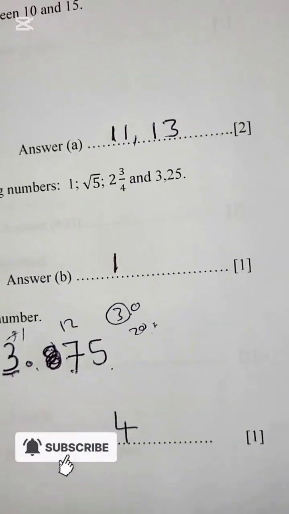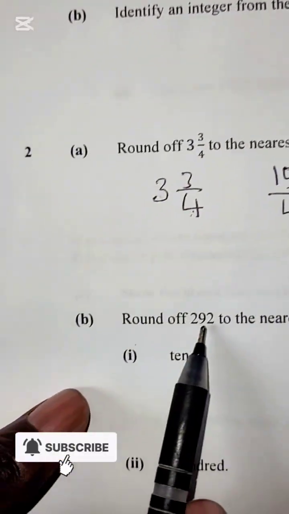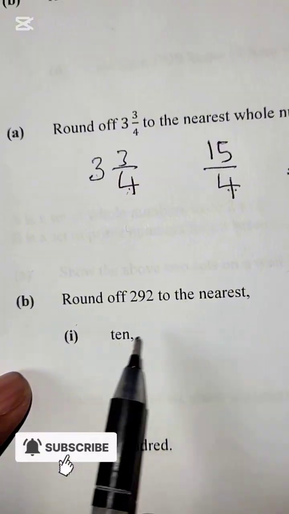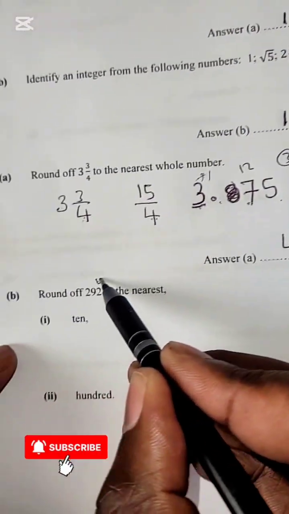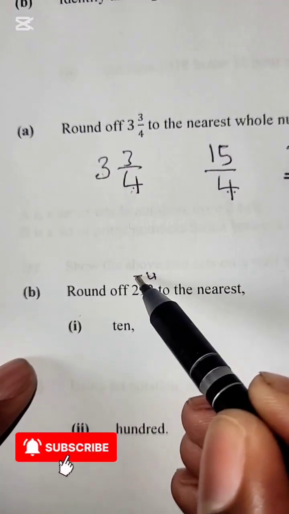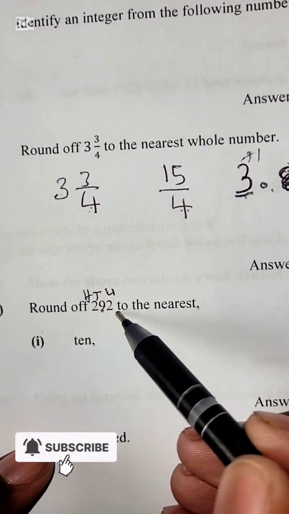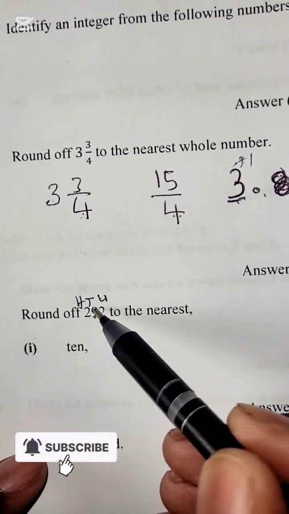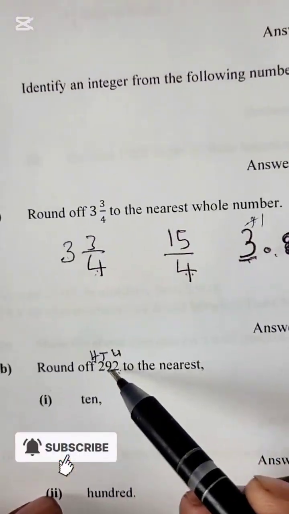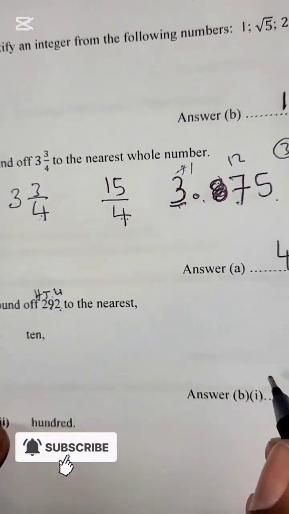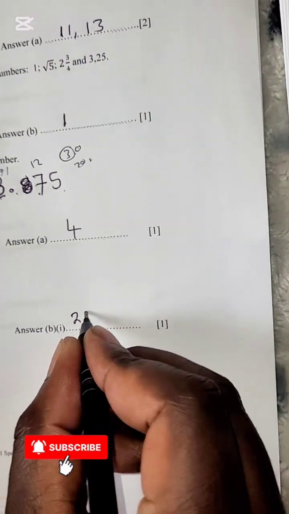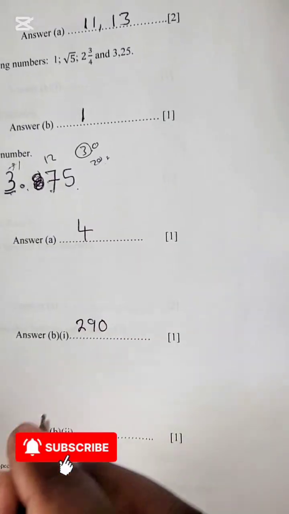It is 4, right? So round off 292 to the nearest 10. These are units, tens, then hundreds. So tens here. 2 is below 5, so we cannot add anything here. So we get 290, right?